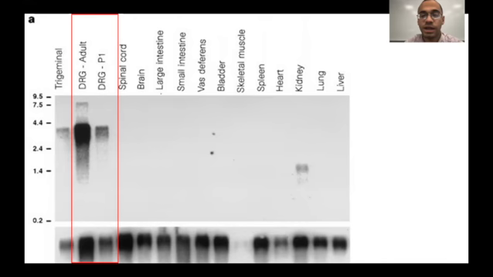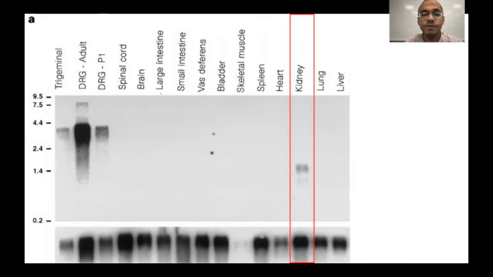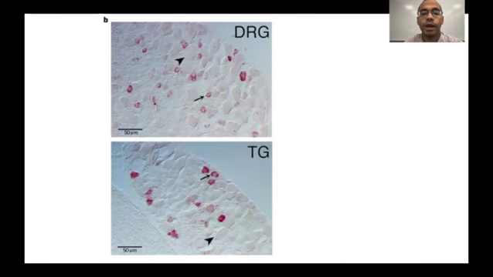This transcript was not present in the spinal cord and the brain. A 1.5 kilobase transcript was detected in the kidney, but it is unclear if it could encode a functional VR1 protein. We were able to detect VR1 expression in a subset of sensory ganglion cells by using in situ hybridization.